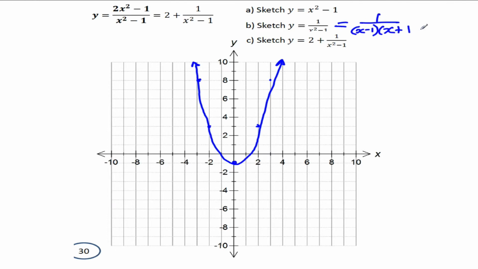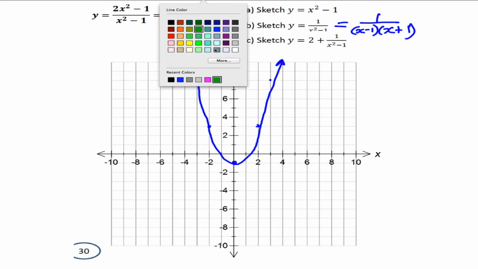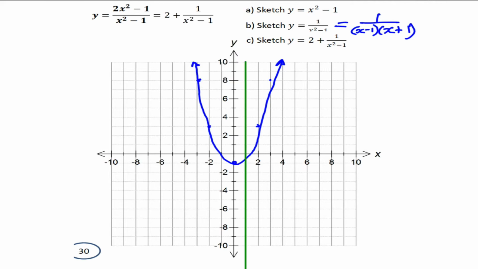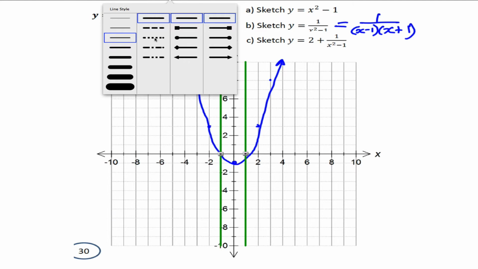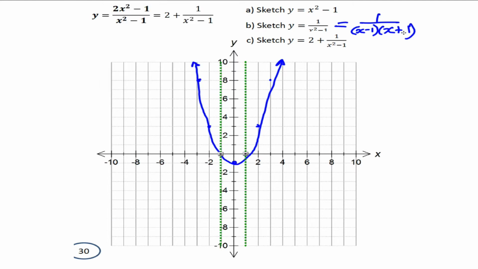The zeros are x is 1 and negative 1, so they are vertical asymptotes. So let's do this in green. We've got a vertical asymptote here, and we've got a vertical asymptote for negative 1. So these are the two vertical asymptotes for the function y equals 1 on (x minus 1)(x plus 1).